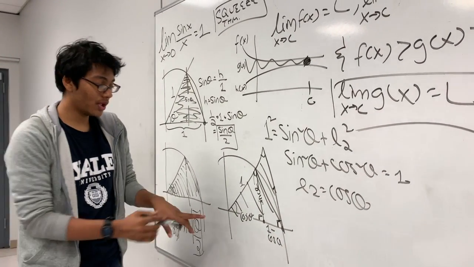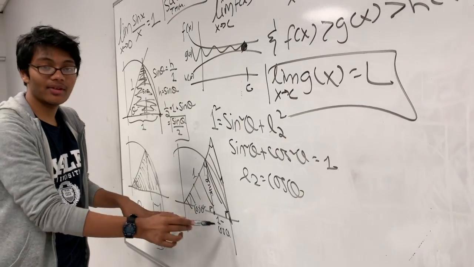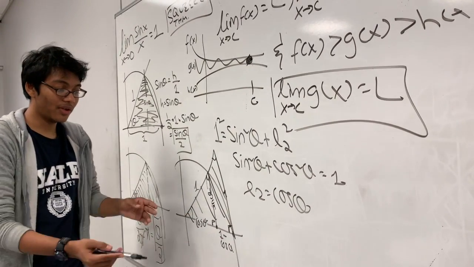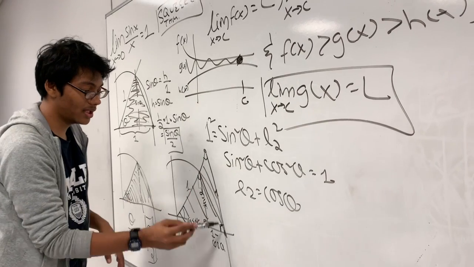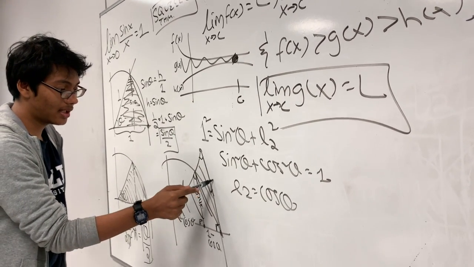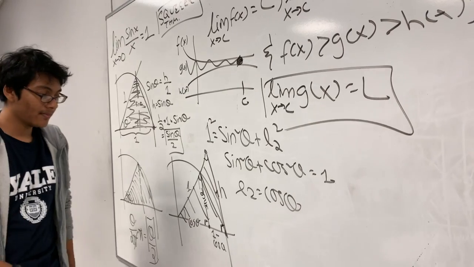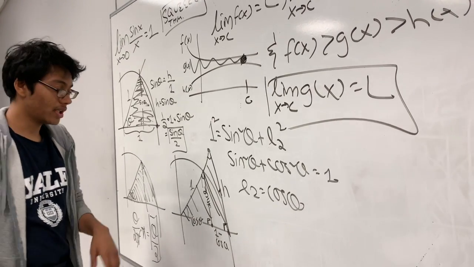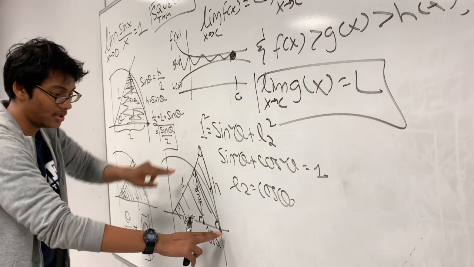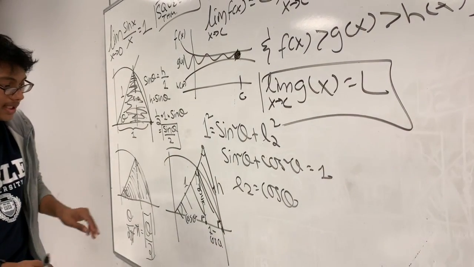At the end of the day, what I want is to find out the area of this triangle. I already know the base, I just need the height. So how do I find out the height? Well, I use similar triangles. Let's call this height h, right? So let's do some similar triangles. Sine is to cosine as h is to 1. Let's do that again.